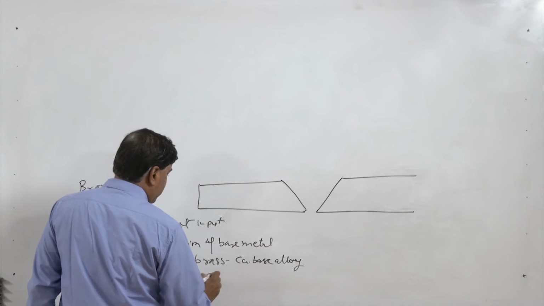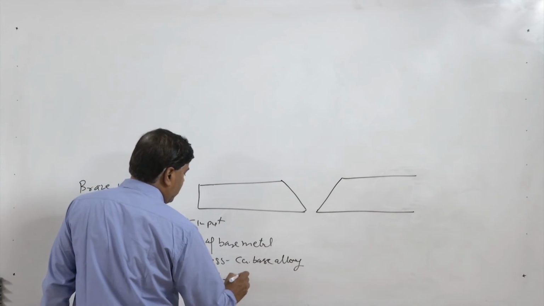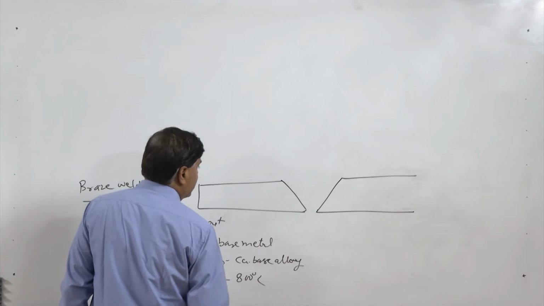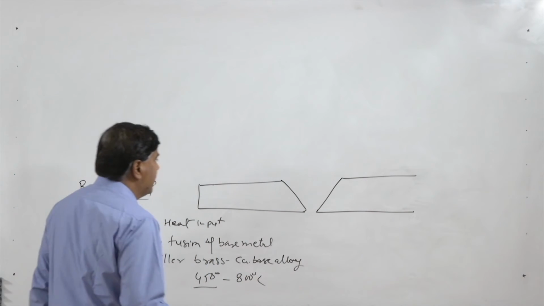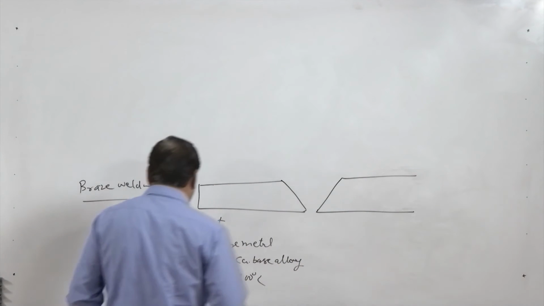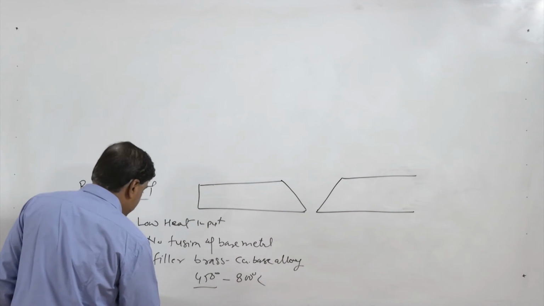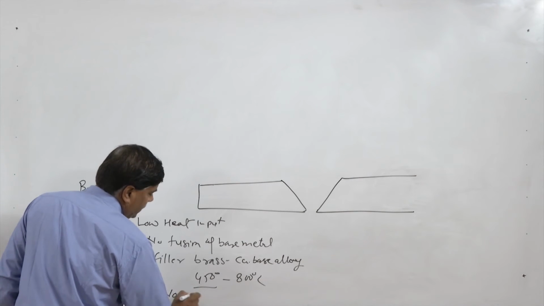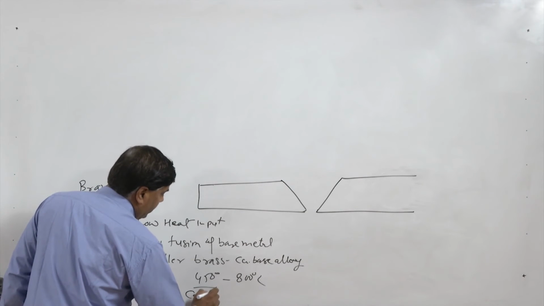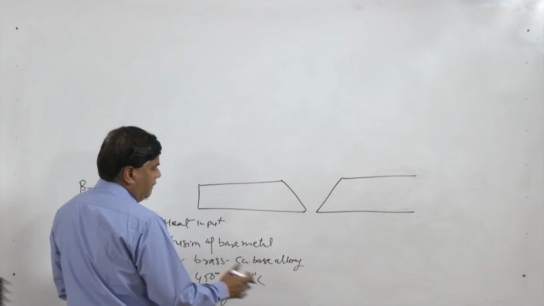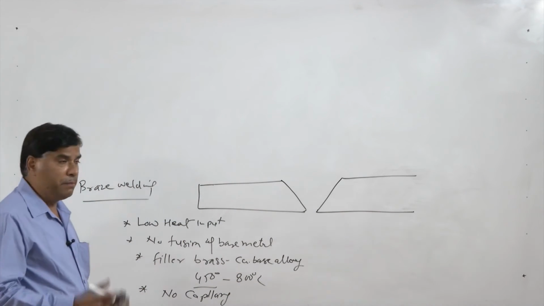Obviously, the melting point is more than 450 degree centigrade up to 800 degree centigrade. The thing is, in this process there is no capillary action kind of thing. It does not rely on capillary action for distribution of the brazing material which will be applied.